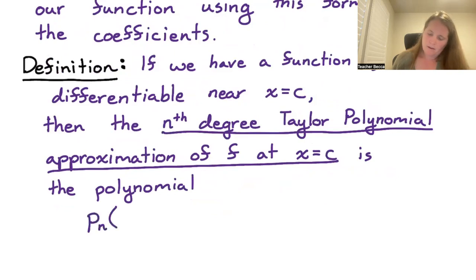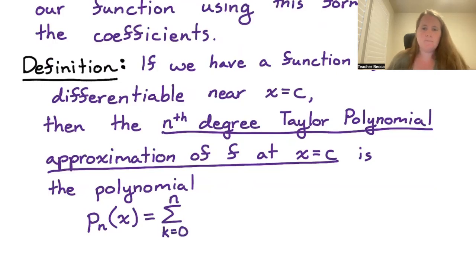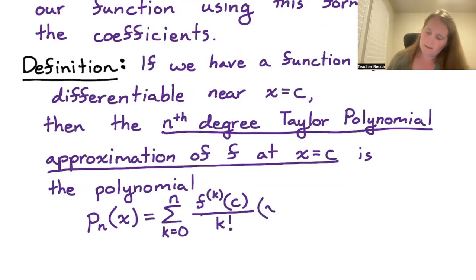p sub n of x is equal to the sum from k equals 0 to n of the kth derivative of f evaluated at c divided by k factorial times x minus c to the k.